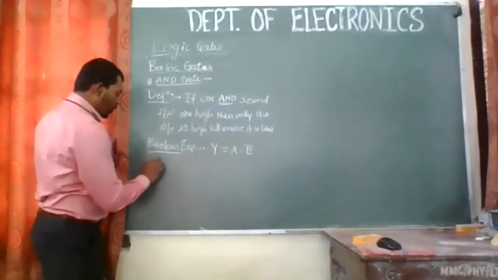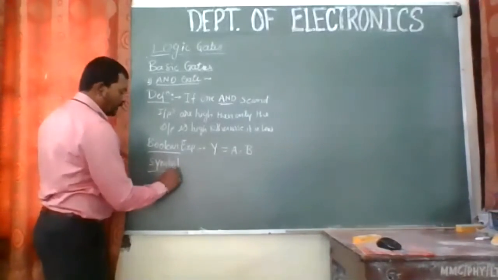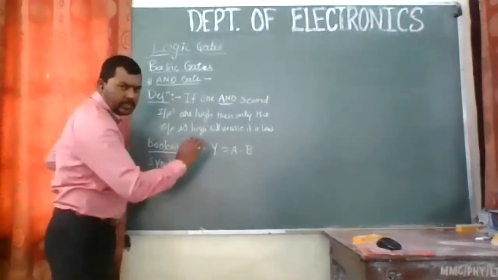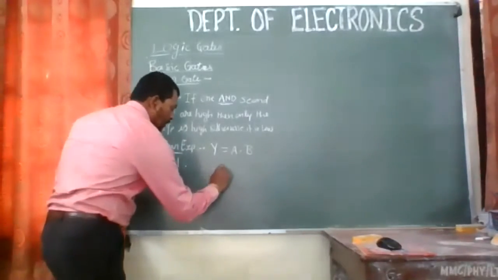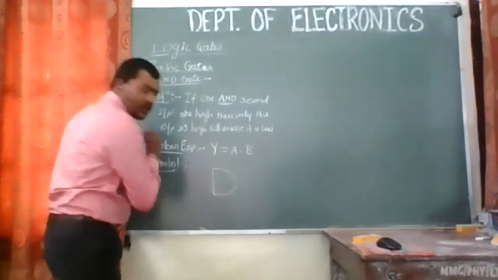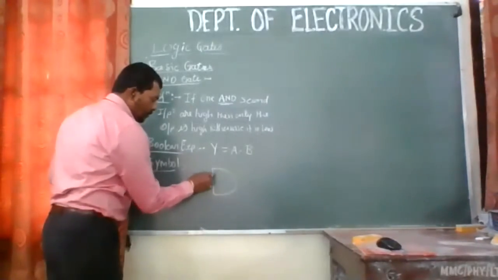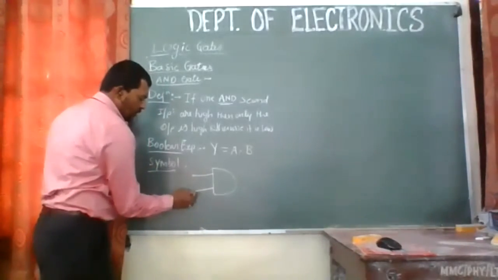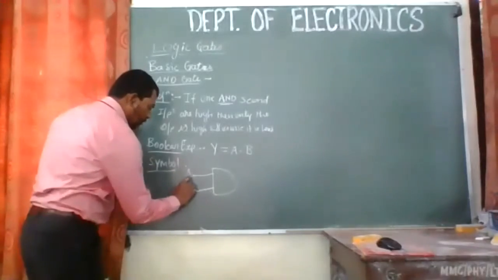What is the symbol of that? The second point you are expected to write is the symbol of the AND gate. Just see how I am doing that. You have to make a D, like this. It is a big D, and then we will have two inputs over here. Make sure they come in between so that it remains uniform.